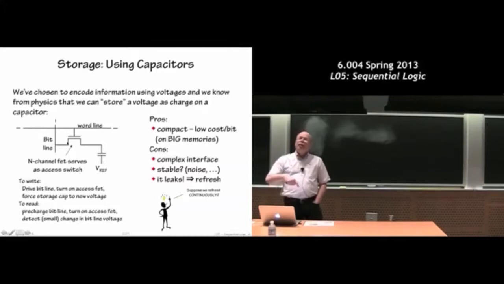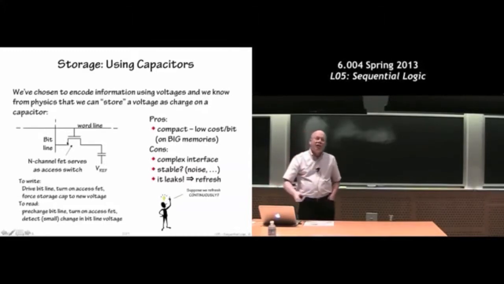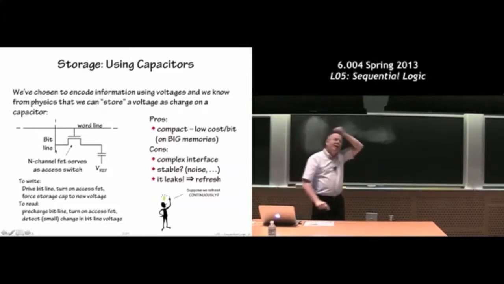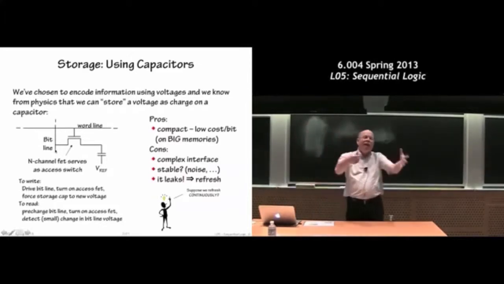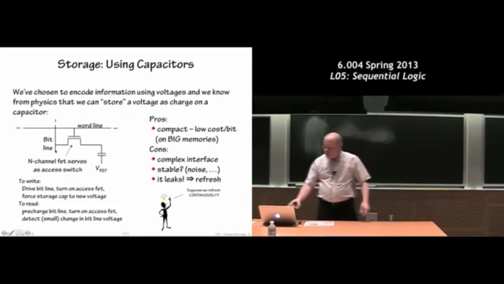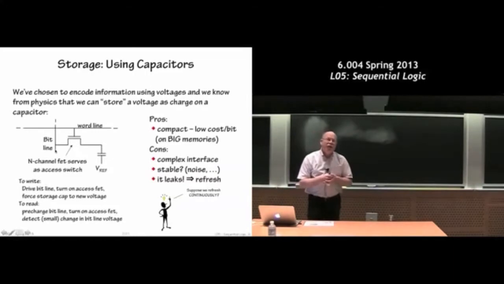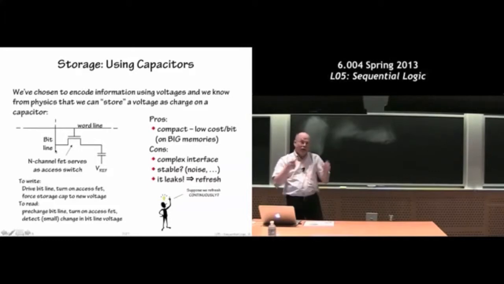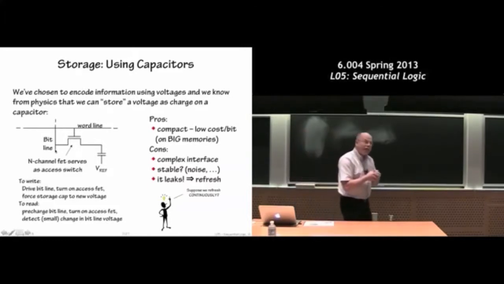When we want to put information onto the capacitor, we close the bit switch so the read-write plate of the capacitor is connected to the bit line, and then we drive the bit line with a big inverter with either 0 or 1, and that will charge or discharge the capacitor as appropriate. Then we open the switch, and now the capacitor is just sitting there going, okay, you put some charge on my plate, I'm going to remember that.